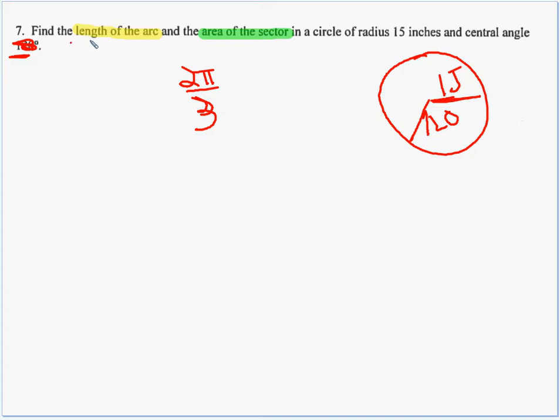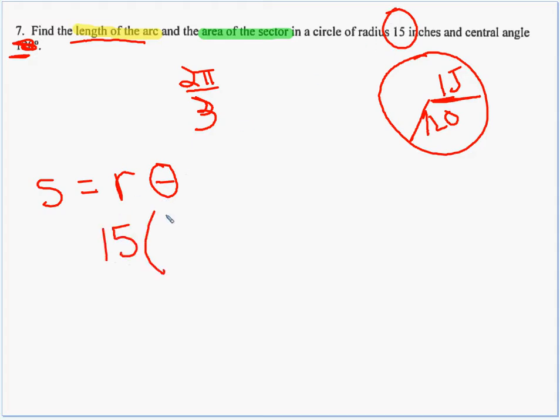And first let's do the arc length. Arc length formula is S equals the radius times angle theta. Our radius, as we've already said, is 15 inches. Our angle in rads is 2/3 pi. So if we multiply straight across, we're going to get 30 pi over 3, and 30 divided by 3 is 10.